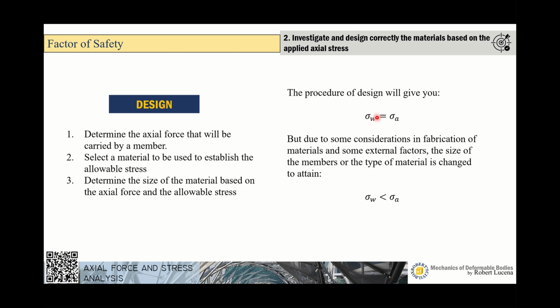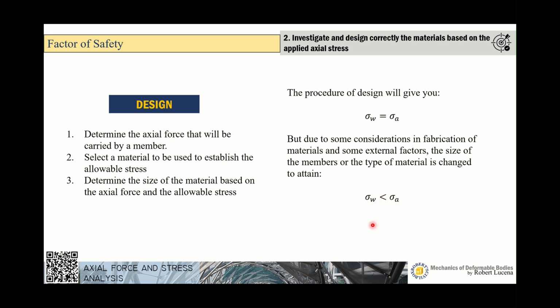So if you're designing such that the working stress will just be equal to allowable stress, any unforeseen external factor might cause sudden failure in your design. But if you have more of a factor of safety, or you're designing less than the allowable stress, then you can say that just a minimal external factor would not cause the working stress to exceed the allowable stress.